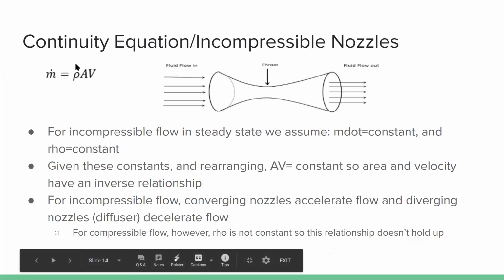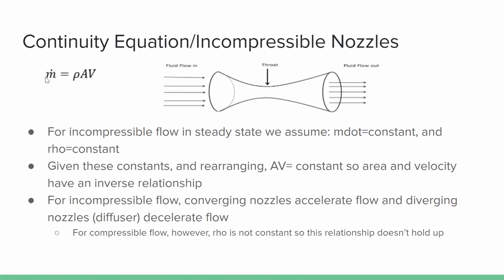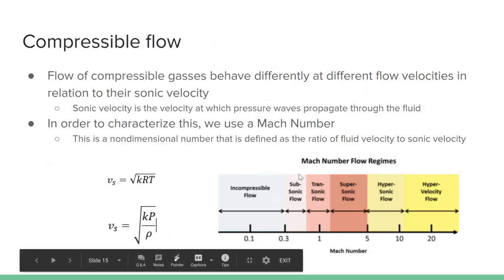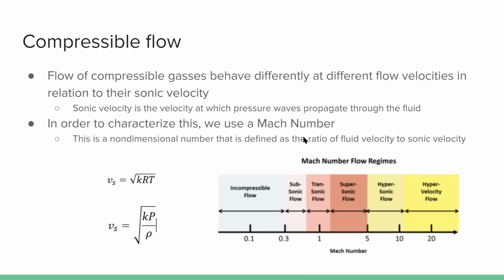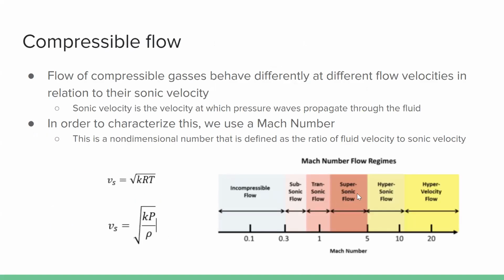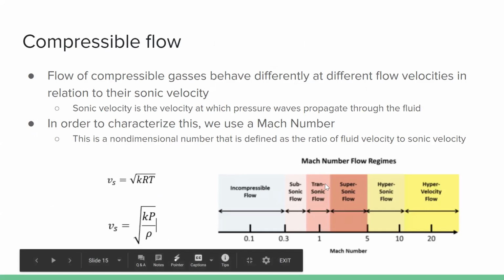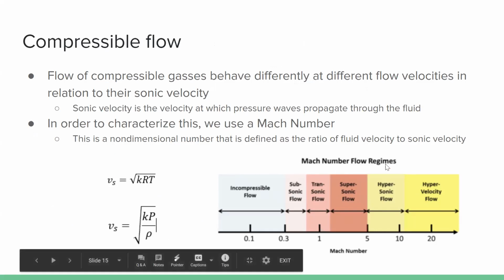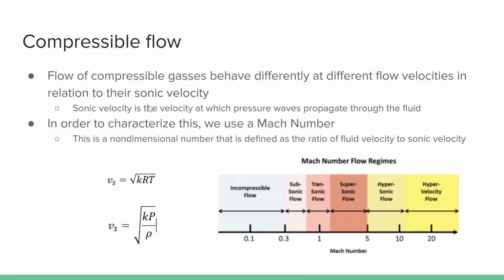Even though we have a compressible fluid, for Mach numbers less than 0.3, we can use this equation. This equation is valid. Once you get past Mach 0.3 and approach Mach 1, you get into subsonic flow and transonic flow. We'll go into that more on the next slide, but basically, this equation isn't valid anymore. You have to use a different set of equations. Basically, that's all this is. The Mach number helps us categorize and figure out which set of equations we have to use.